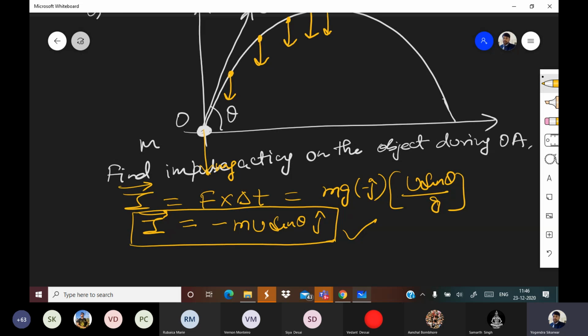Understood, Srishti? Suhas, understood? Rest of the people, everyone understood?